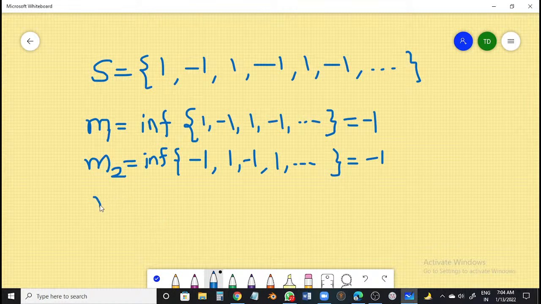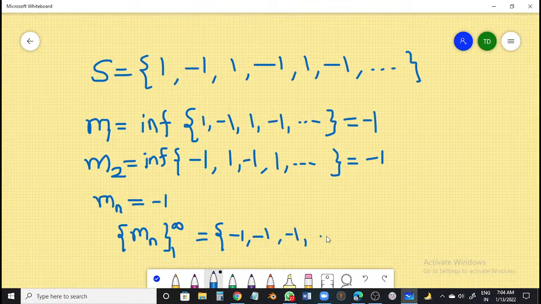So in general, mn will also be -1. It is a constant sequence of mn, from 1 to infinity, with terms -1, -1, -1 and so on.